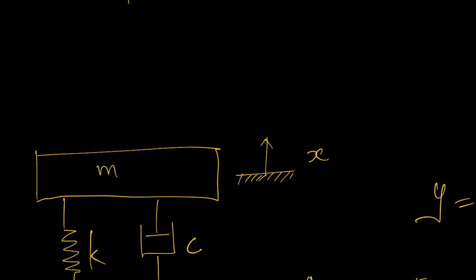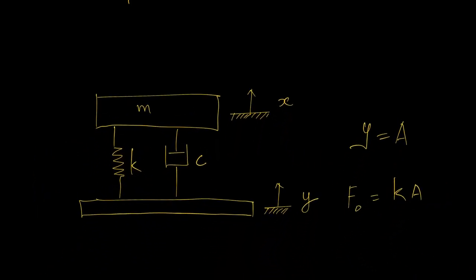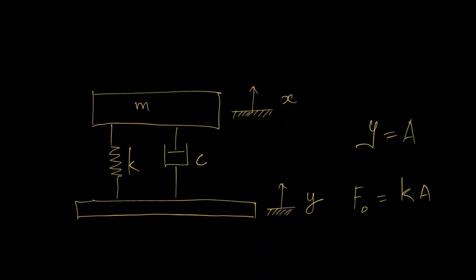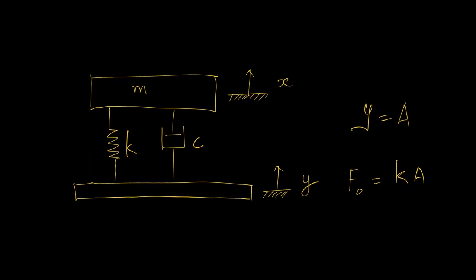Then what I'm trying to tell you is that I'm trying to non-dimensionalize this whole thing. Let's say I'm not oscillating my base. My base is no more vibrating. I'm just pushing my base upward by an amount, let's say capital A. Initially it was vibrating with an amplitude of capital A. Now I'm just pushing it. It's not a vibration.